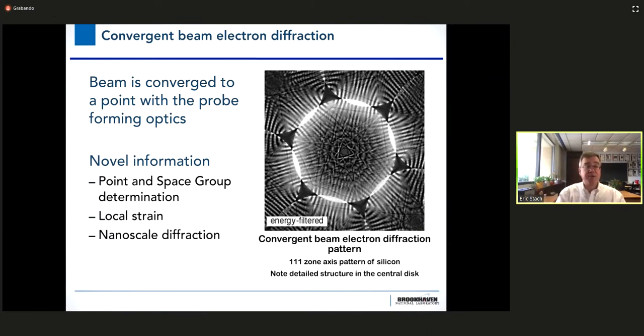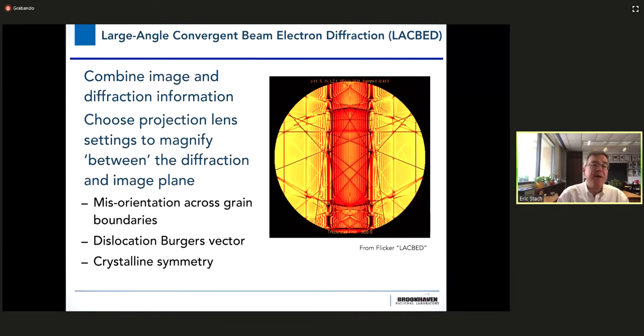And also, because of the ability to focus the probe to a very small size, including down to the angstrom scale, you can get diffraction from extremely small bodies of material. Again, something that's challenging to do with any other technique. I'll show you this again largely because it's pretty, not because it's extremely common, but you can actually combine image and diffraction information by choosing where you look.